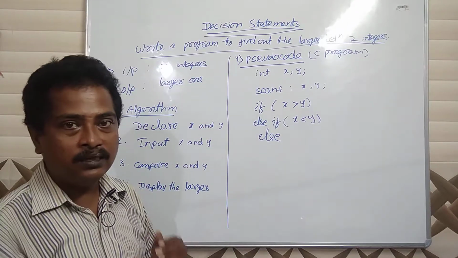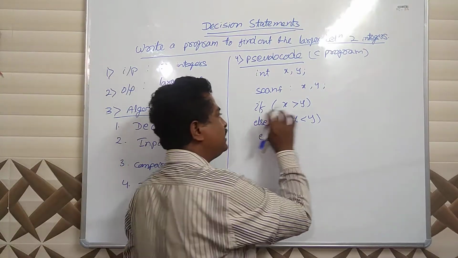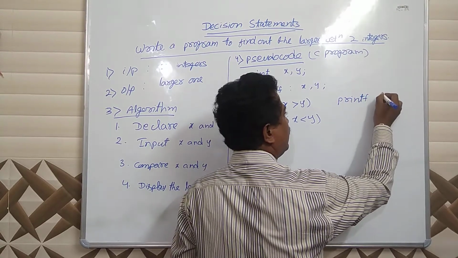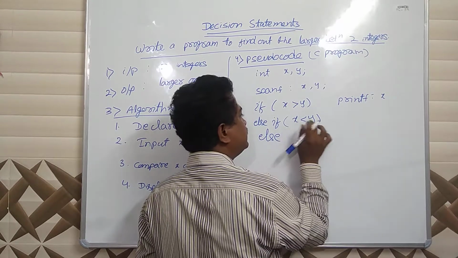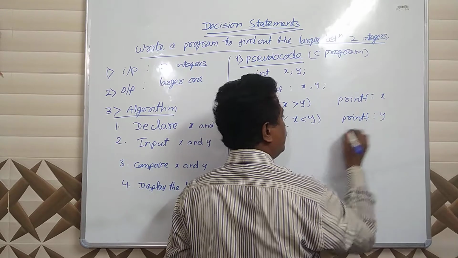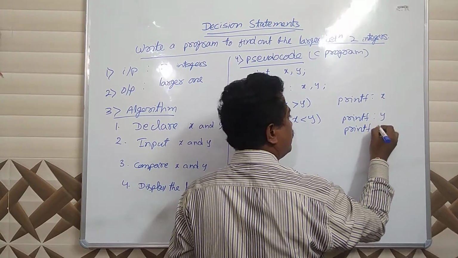So in these three conditions, I have to display the larger one. So if x is greater than y, printf x. If x is less than y, printf y. Else printf equal.